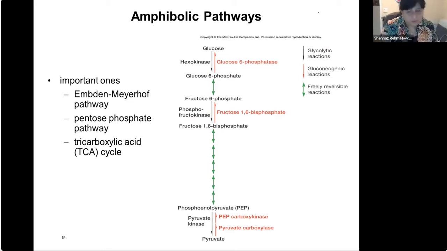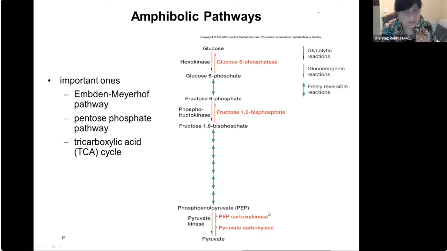They go both ways. So for example, when we talk about glycolysis, glucose going all the way to pyruvate, this is a catabolic pathway. But the reversal of it is called gluconeogenesis, which uses most of the same enzymes, except for about 4 different enzymes that will be needed that will replace the 3 enzymes in your glycolysis.